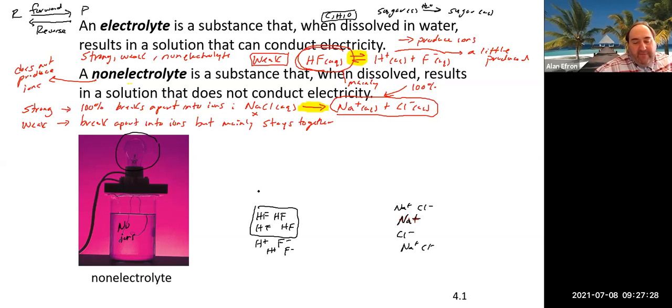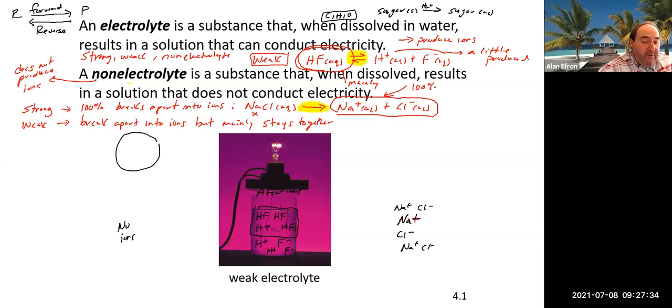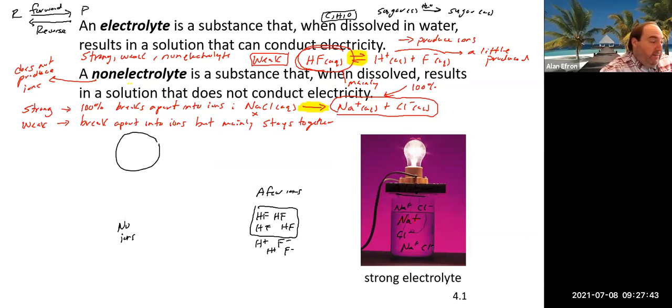Here we have a few ions in our weak electrolyte, and again we see the light bulb go on a little bit, and here we have a lot of ions in our strong electrolyte. Again, our light bulb goes off very, very bright.